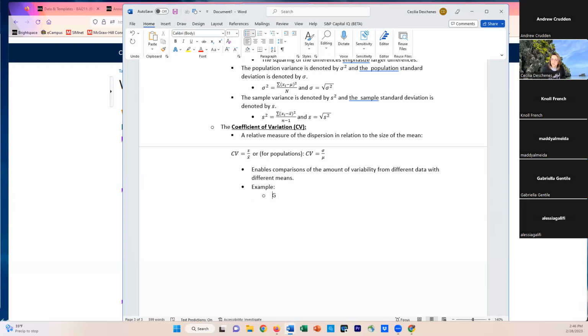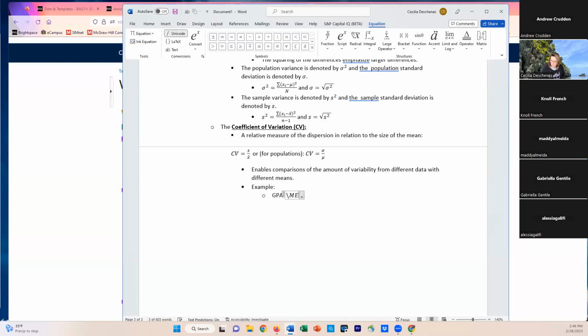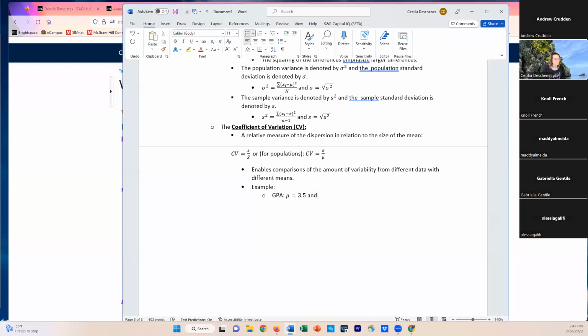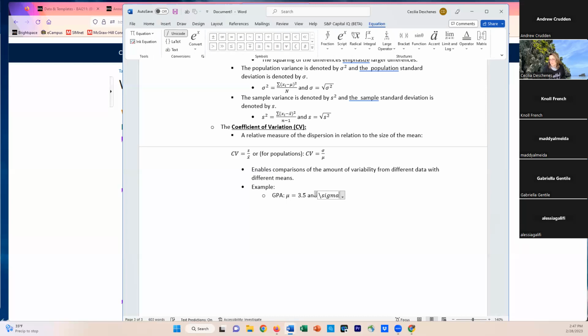Consider that GPA for some group, let's say entering freshmen, high school GPA of entering freshmen, is determined to be equal to 3.5 and have a standard deviation equal to 0.6.